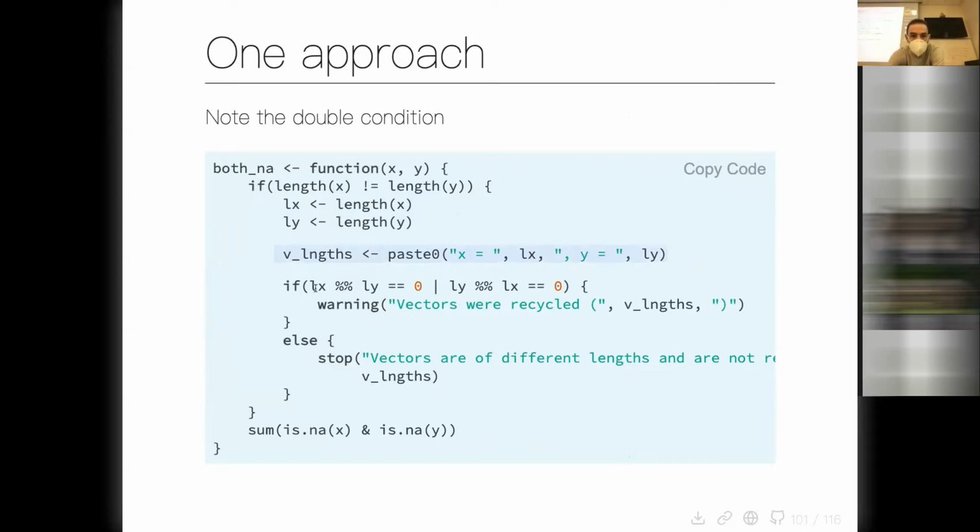Then I'm saying if the length of x %% the length of y equals 0, which is actually checking for the remainder, or the length of y %% the length of x equals 0, so if either of those conditions is true, if a %% b or b %% a has no remainder, then we give a warning, vectors were recycled, and then we state the lengths. Otherwise, we're going to stop and return that error message.